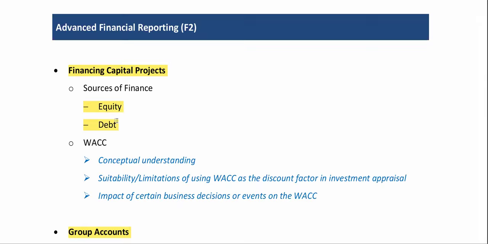And it would also be helpful if you know the basics about a new share issue, a rights issue, because those are likely scenarios which would come up in the exam if the company wants to fund its operations or investments using equity.